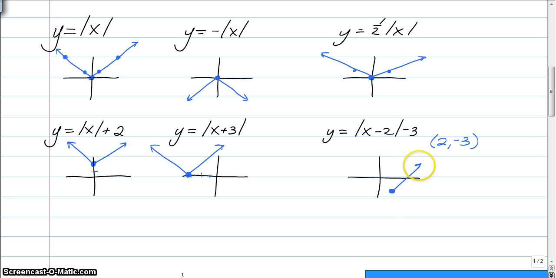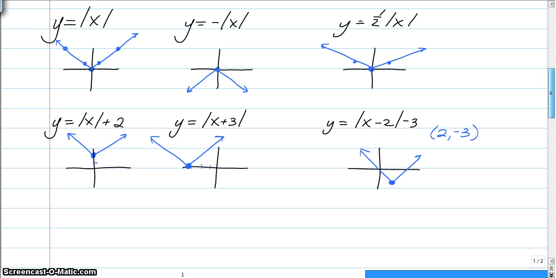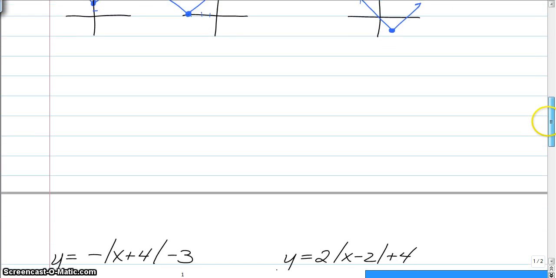Another way you can do this is, remember, the inside is your horizontal shift, which is opposite of what you think. So this looks like 2 to the right and 3 down, and that's how you get to that starting point anyway. So best advice, just find your vertex or your starting point, and then just use your slope going to the right, and then just make sure it's a V, so you have to kind of alter your slope a little bit when you go to the left.